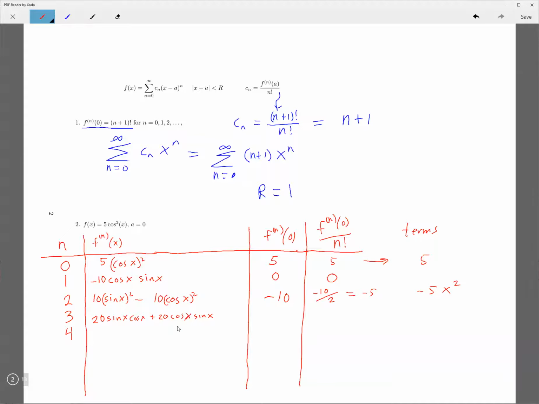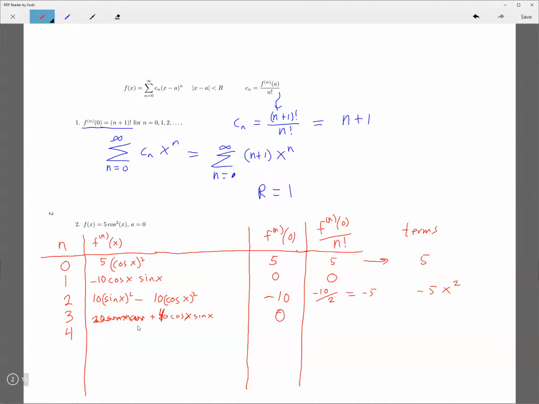So that's going to be 40 sine x cosine x, right? And then when you plug in the 0, that's just going to be 0. So let's see here. I can just change one of these to a 40 and knock that one out, basically. Okay, so there's like a pattern here. Looks like you're going to jump back and forth between this and something else.